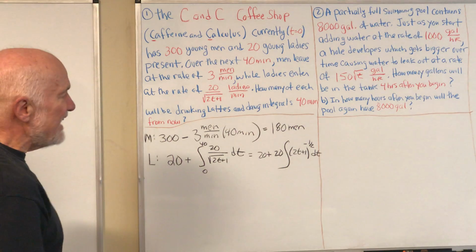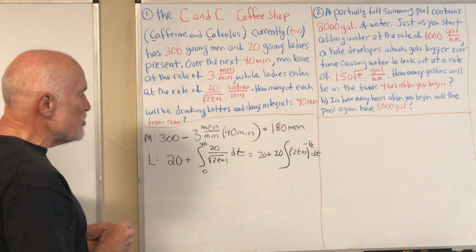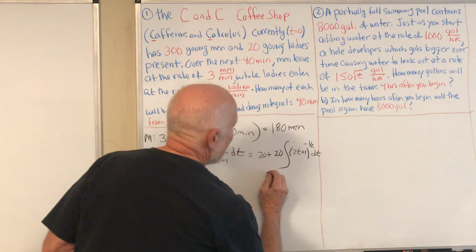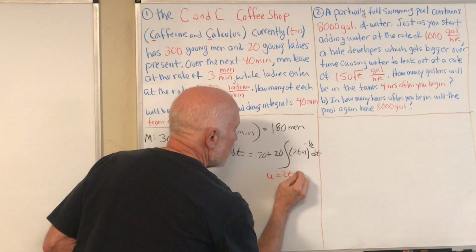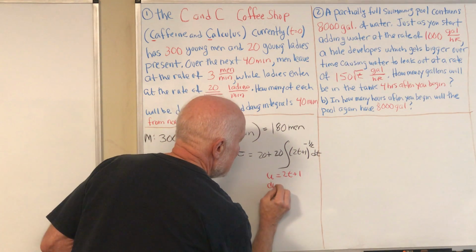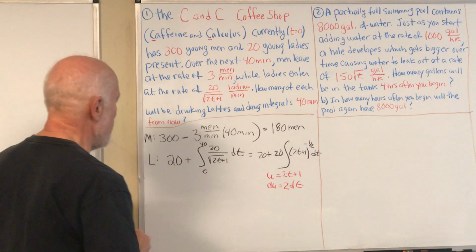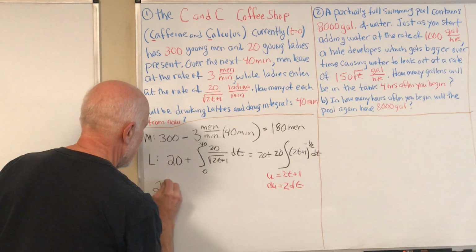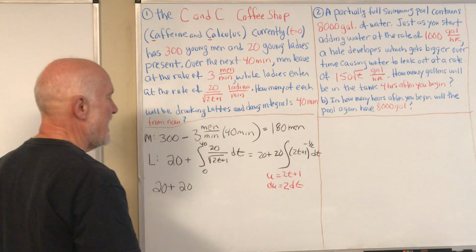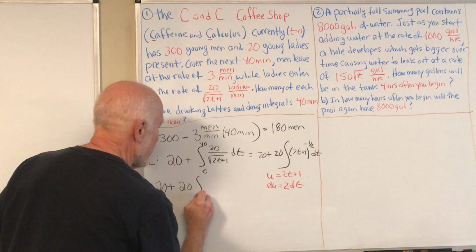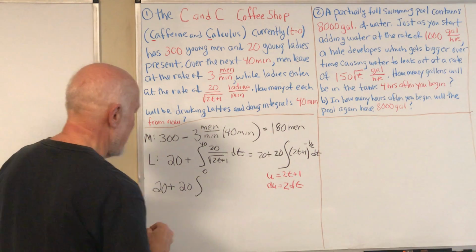But still, it's not in the form of u to the negative 1/2 du, so we do a u substitution. We let u equals 2t plus 1, and du is equal to 2 dt. So we can rewrite this, and now we have the integral, and this becomes u to the negative 1/2.